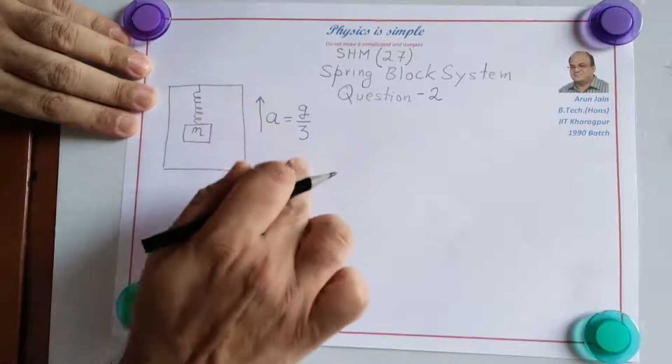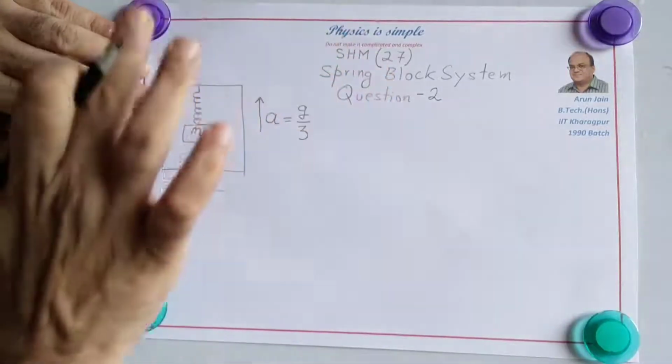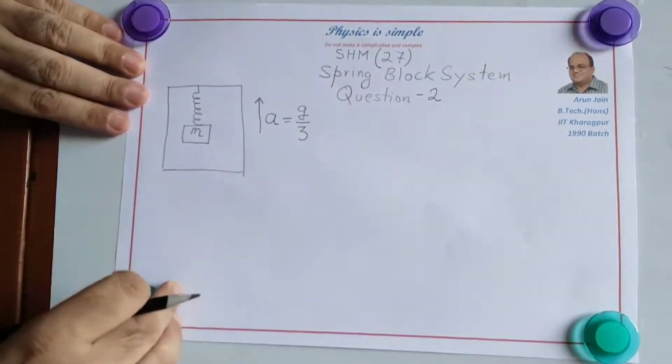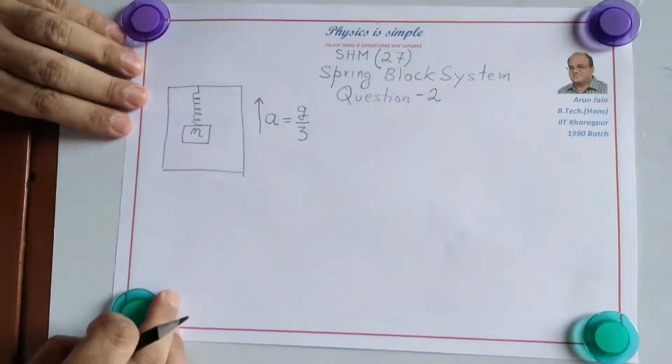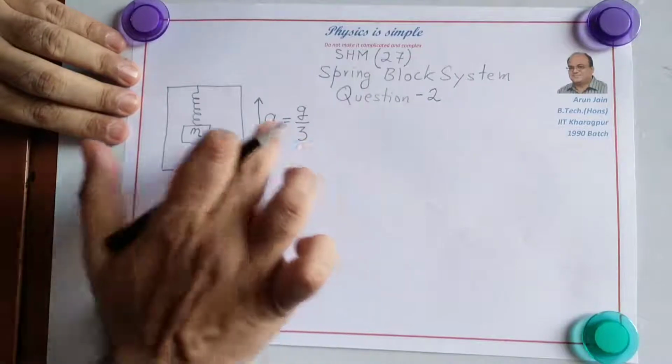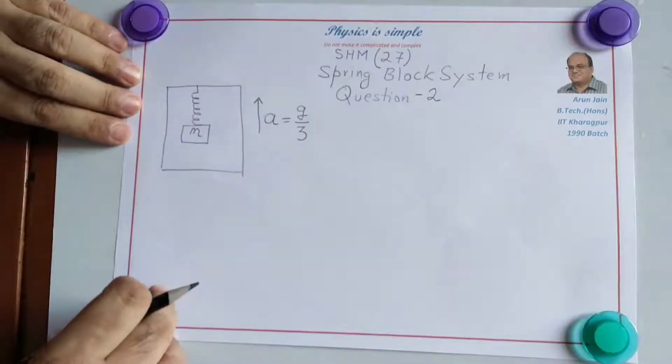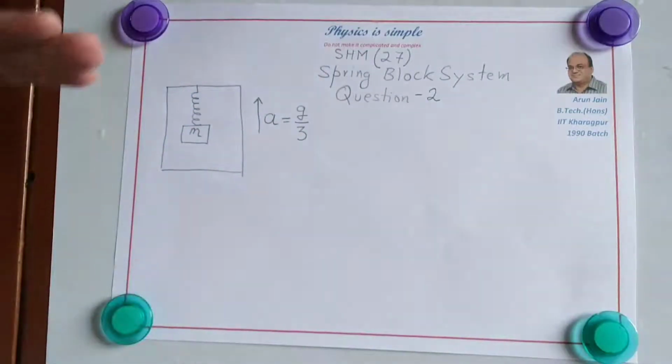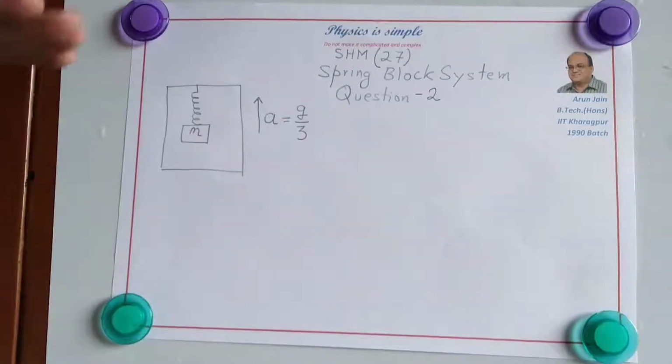When the lift is accelerating upwards, the block is at rest. Now at t equal to 0, the acceleration of the lift suddenly stops. So now the block will start oscillating.